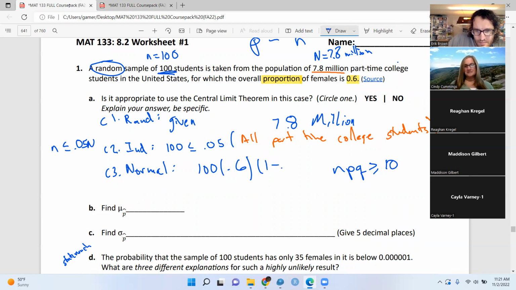Times 1 minus 0.6, that's all the other students that are not female. And then we want that to be greater than or equal to 10. When you do your project, this is what you have to run to see if the amount of Skittles you have is large enough. And that's a little bit further down the road.